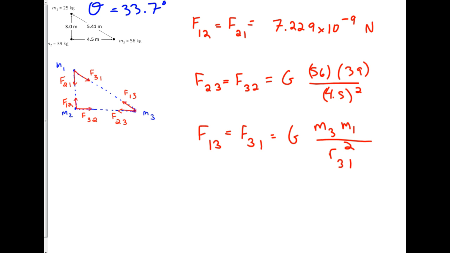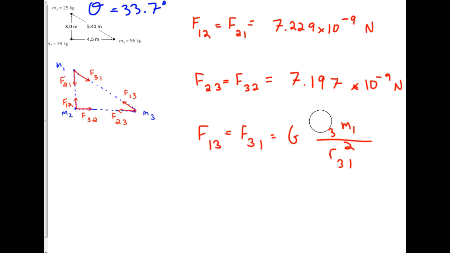G again is 6.67 times 10 to the negative 11. I have 56, I'm also multiplying by 39 and dividing by 4.5 squared. I calculate the second force here to be 7.197 times 10 to the negative 9 newtons. And it's just a coincidence that these two happen to be close to each other. They won't always be close to each other.